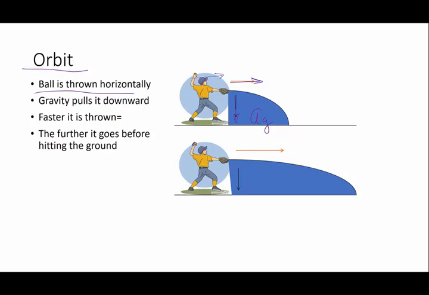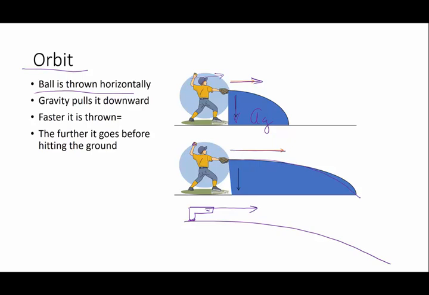If I throw the ball horizontally with a bigger speed, it's going to go further before it hits the ground. Well, instead of a baseball pitcher, let's say I've got some sort of a fancy high-powered gun that can shoot rockets, and I send it out with a huge, massive sideways velocity.